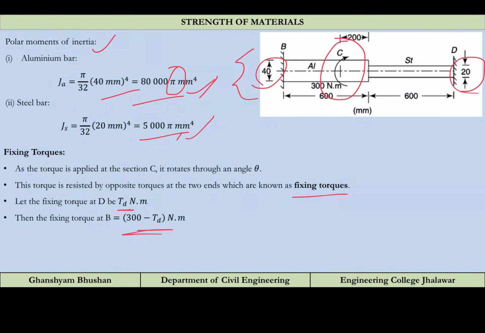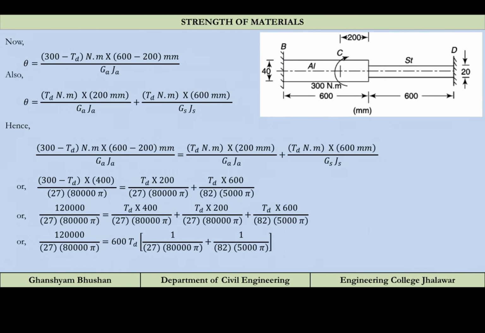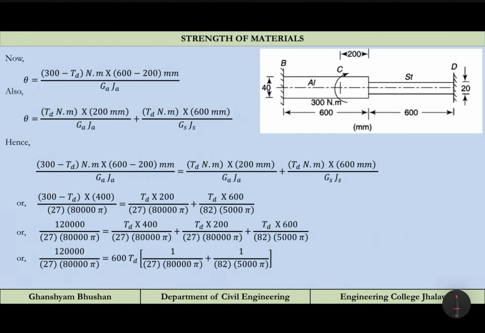Now put all the values in the theta equation. So theta is (300 minus TD) into (600 minus 200) upon GA into JA. What we are trying to write is theta at this section from this side and theta from this side. It should be the same because at a single point theta will be the same.